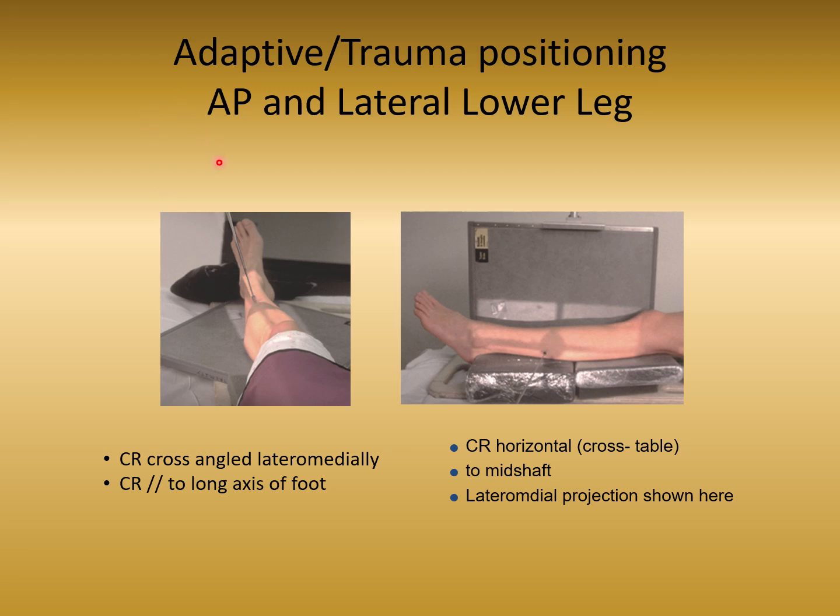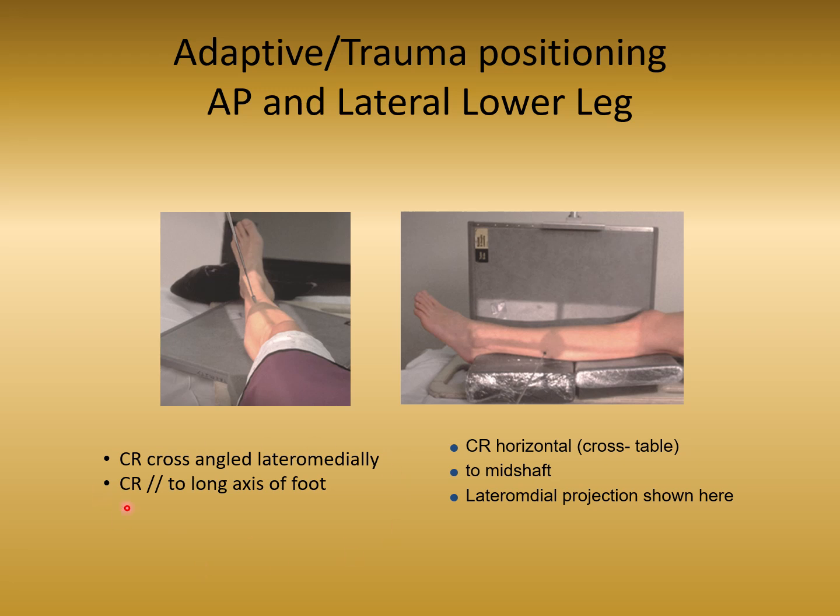So it's still an AP projection, even though the leg is rotated. This is a representation of a trauma AP tib fib position. They had to bring the tube over so that it would in fact be an anterior posterior projection. Yes, it is cross-angled a little bit.